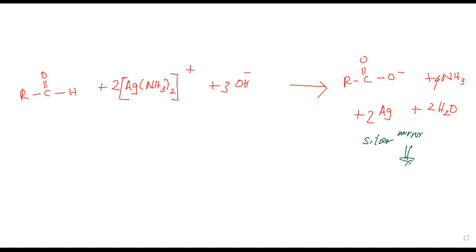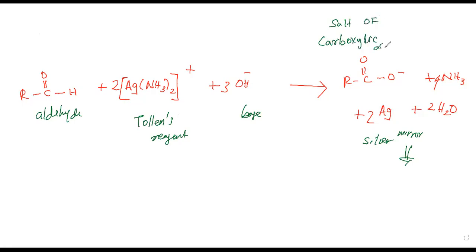Are you all clear? When you use the aldehyde in the presence of the Tollens reagent, in the presence of the base, you will end up with the salt of the carboxylic acid, with the production of ammonia, and you can observe the silver mirror.